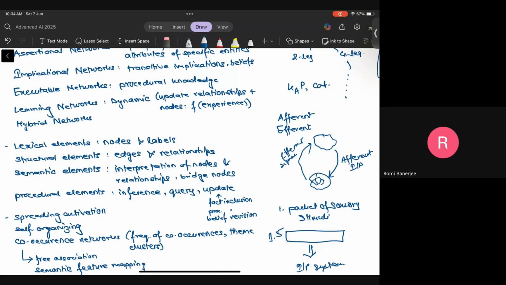Beliefs can change because of your self-initiated actions. It could be because of your learning, your deliberative learning, or your procedural learning, or it could be because an attachment agent or an attachment figure has triggered that kind of a belief revision within your head.